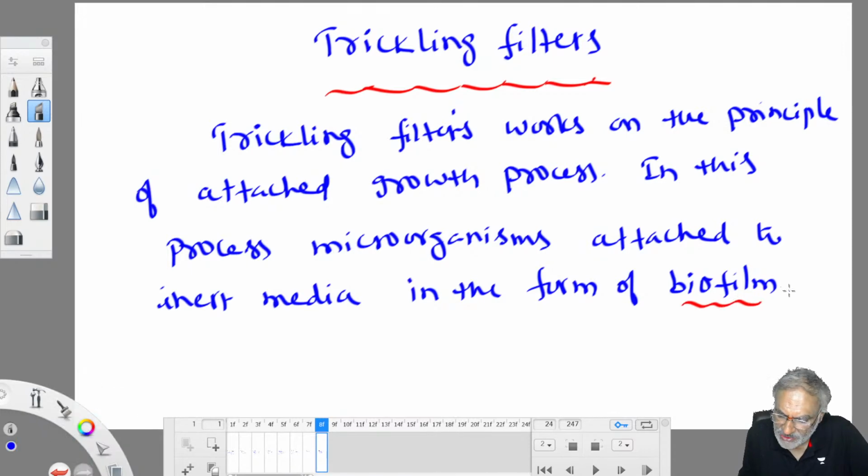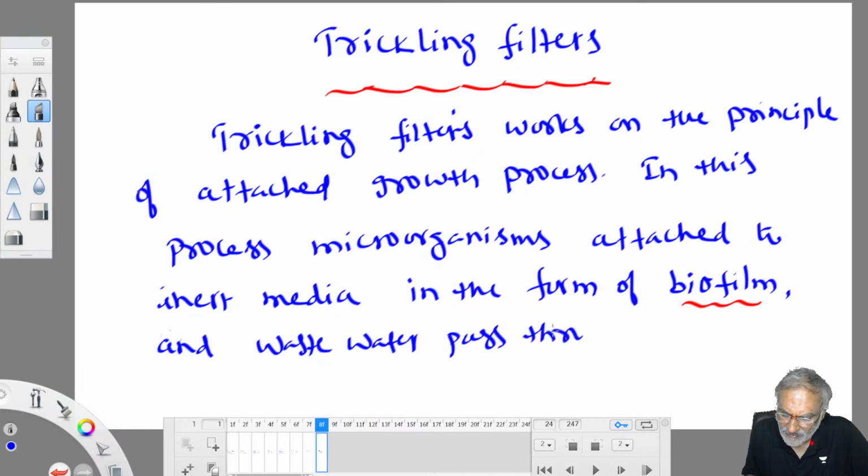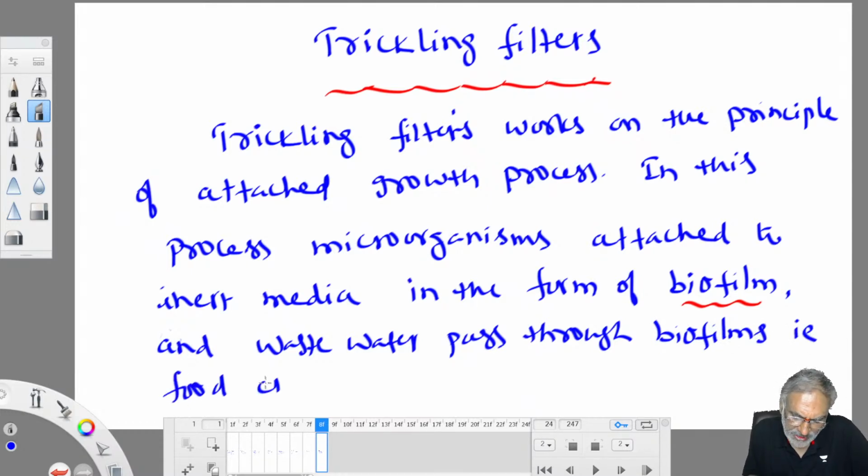Biofilms are attached to the inert media. So in this process, food chases microorganisms and wastewater passes through biofilms. That is, food chases organisms.